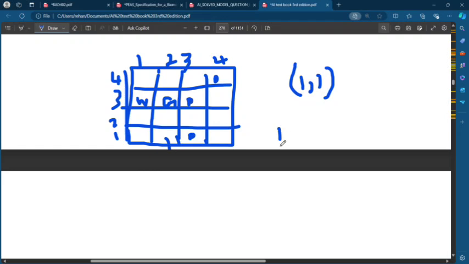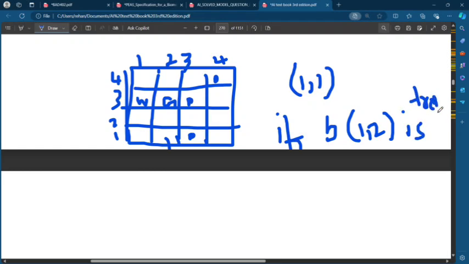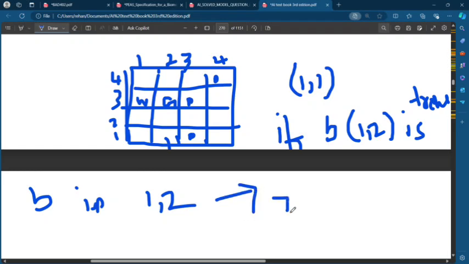Then what you write? If B of 1 comma 2 is true, which means there is breeze in cell 1 comma 2, then it implies negation of P of 1 comma 2.